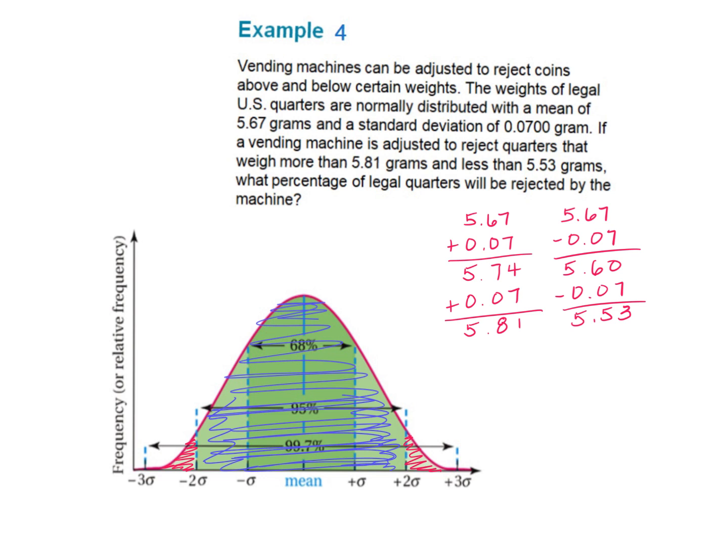And that's most likely what you would do on the test. You'd go, okay, well, I get to keep 95% of the coins. So I'm just going to take 100 and subtract out from that the 95% that are good to go. And that leaves me with 5% of the coins being rejected.